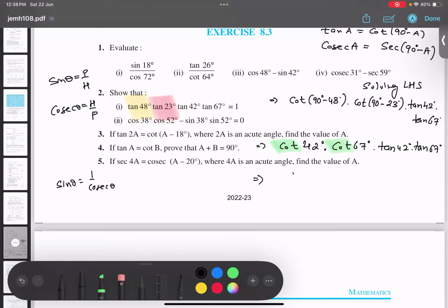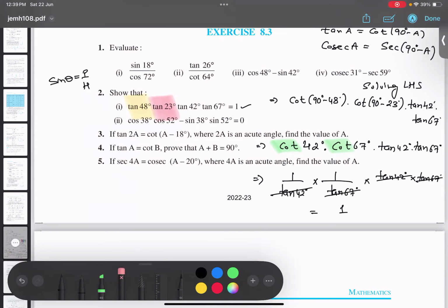I can write this as 1 upon tan 42 degree multiplied by 1 upon tan 67 degree multiplied by tan 42 degree multiplied by tan 67 degree. So what will happen? Tan 42, tan 42 cancel, tan 67, tan 67 cancel. 1 into 1, 1 is the answer. Can you see? 1 is the answer for us.